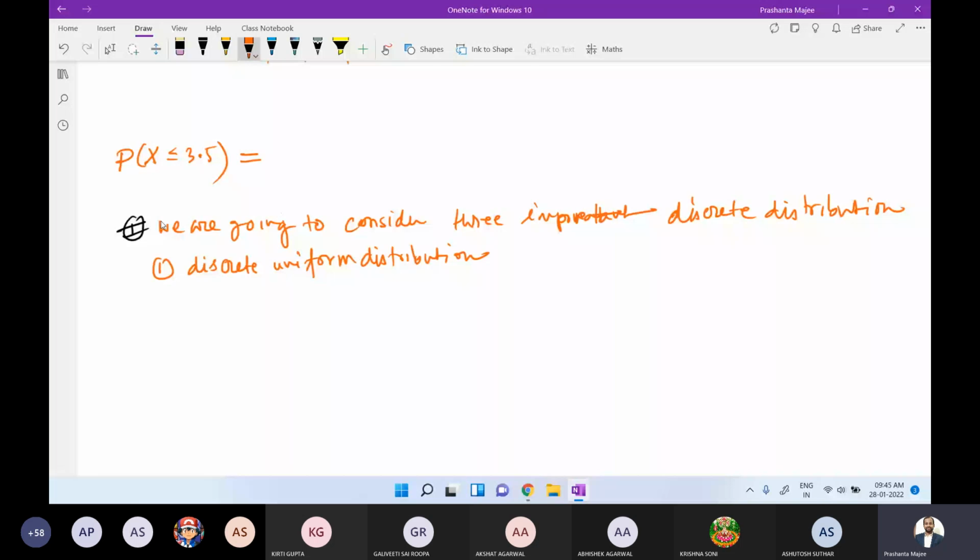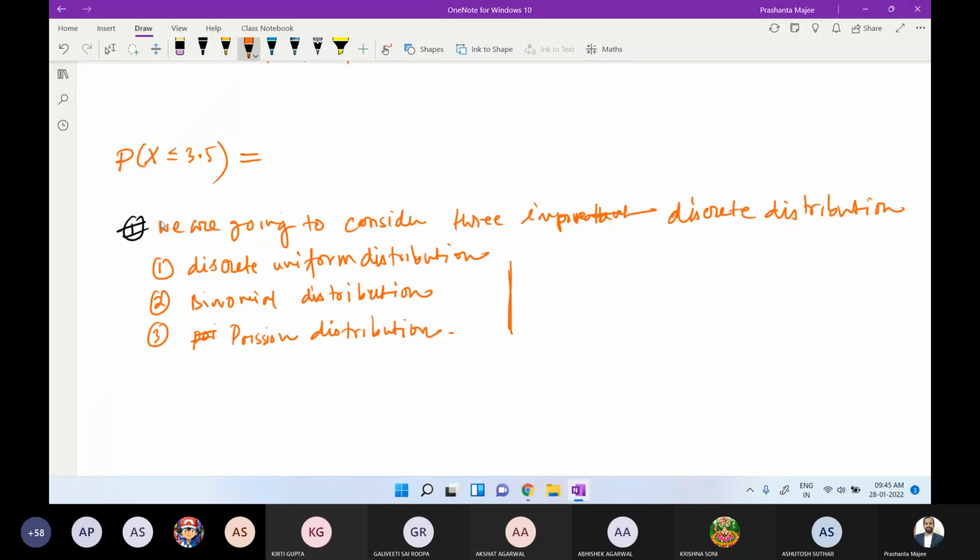Then the binomial distribution. And then the Poisson distribution. This P is a capital P. We are going to consider them, but not today.